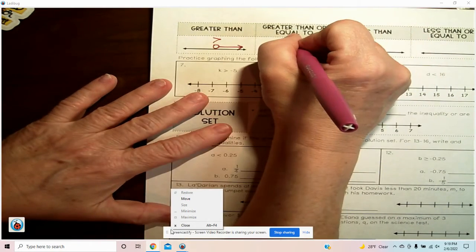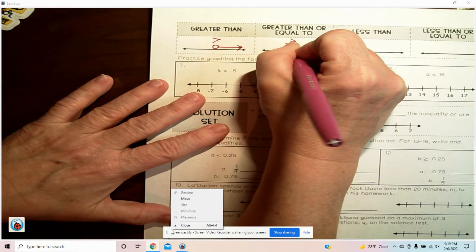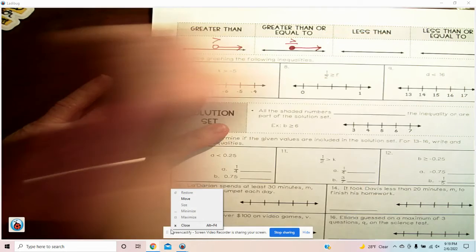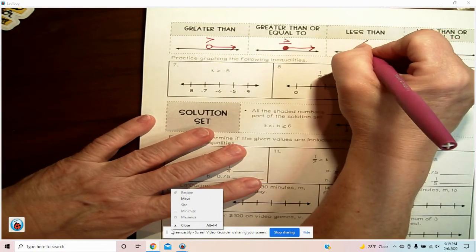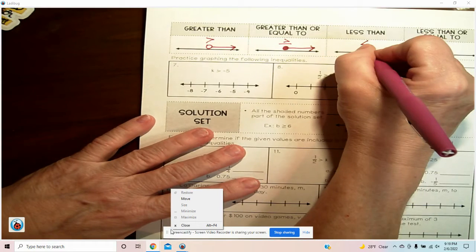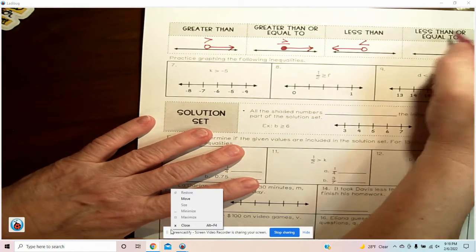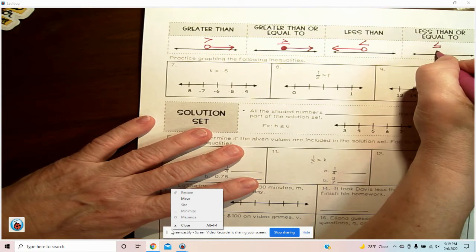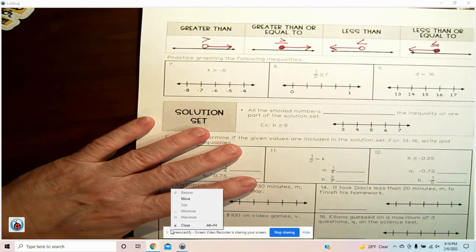If we have greater than or equal to, which looks like that, it is a closed circle shaded to the right. Less than symbol is that. It is open and shaded to the left. Less than or equal to is a closed circle shaded to the left.